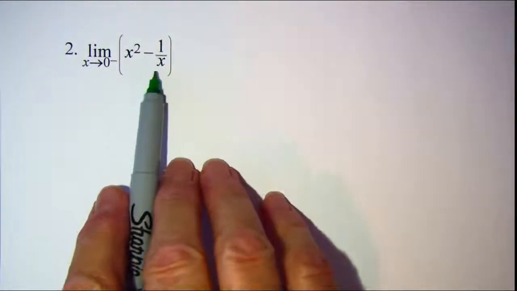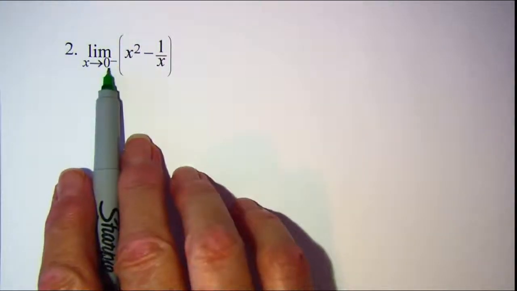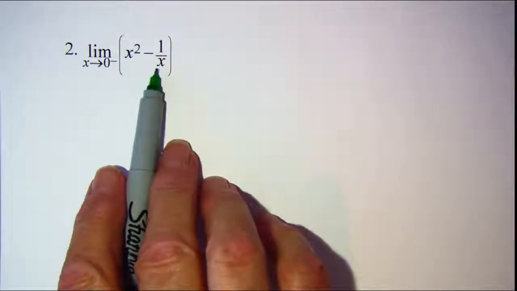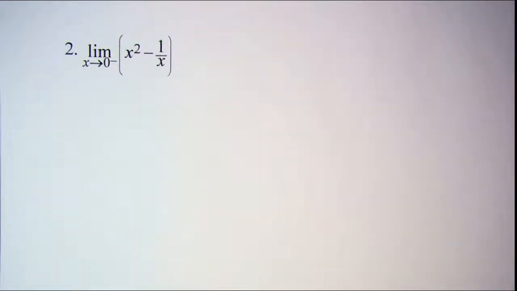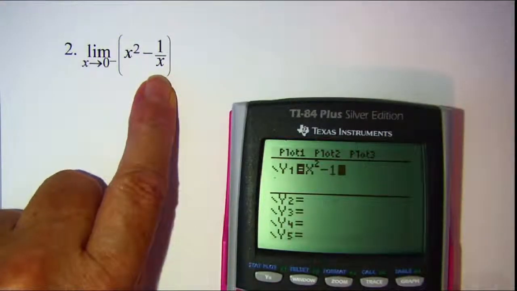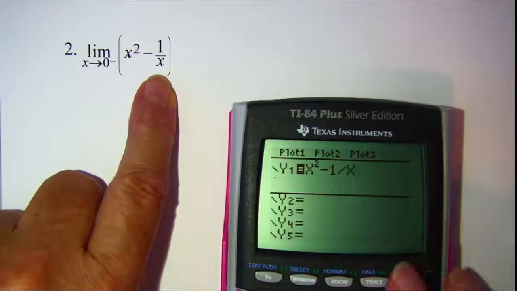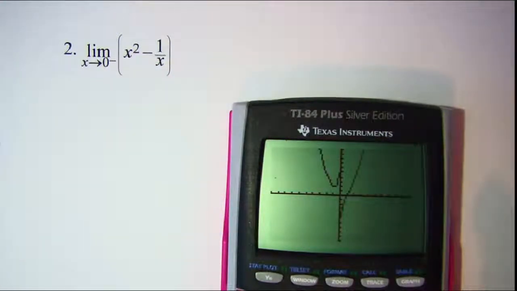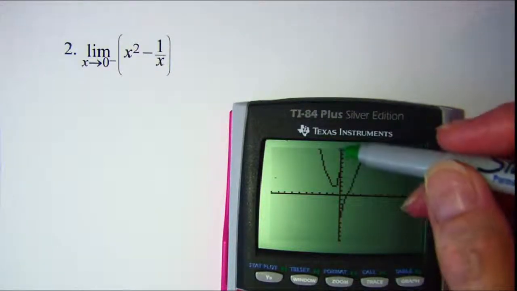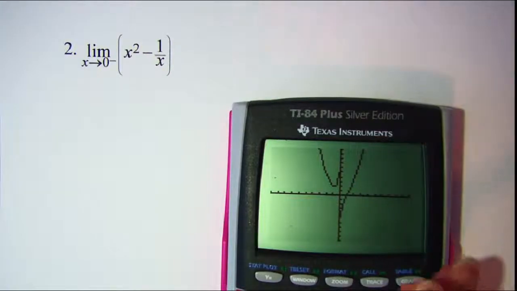So on this one, let's take a look at the graph. We're wanting the limit as x approaches 0 from the negative direction, and we would have undefined function here. So x squared minus 1 divided by x. So as we approach 0 from the negative direction, it looks like we're getting closer and closer up here to a positive infinity.